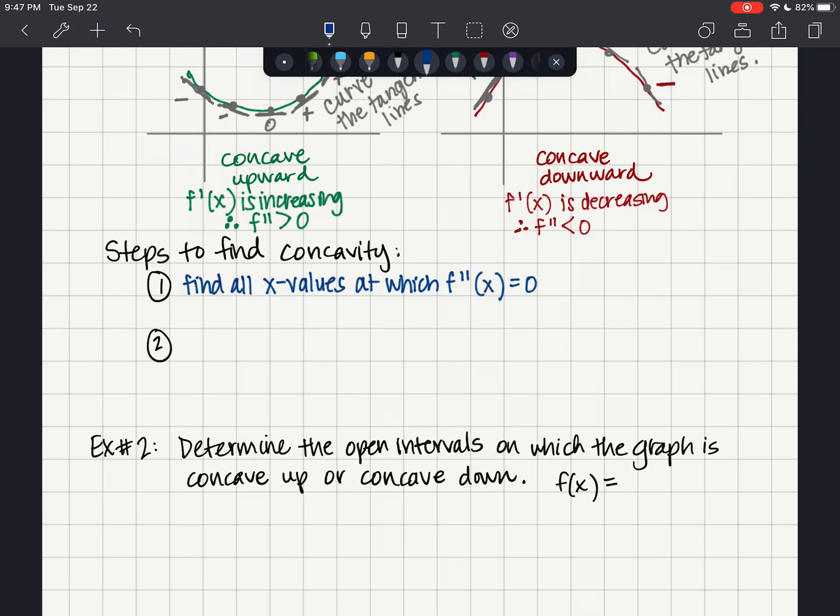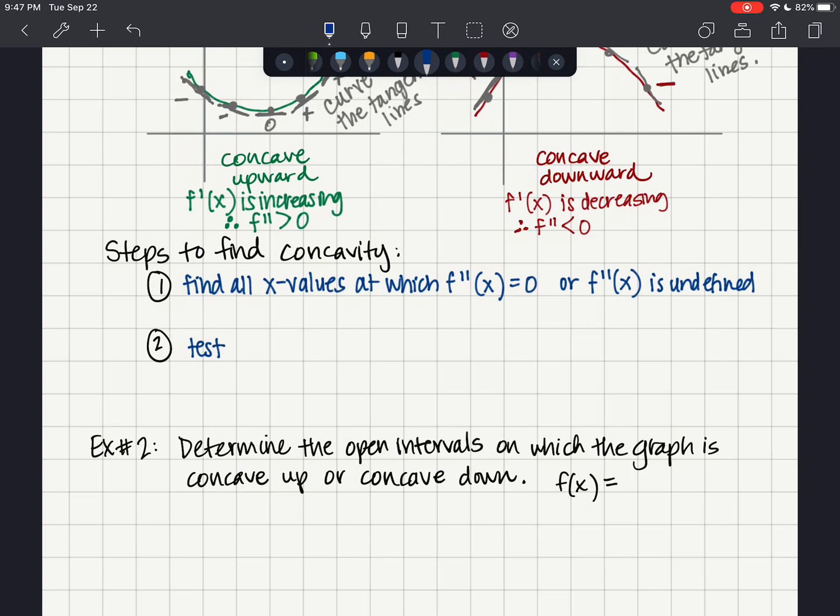Notice how I'm saying all the x values. I'm not talking about critical numbers because critical numbers come from the first derivative. We want to find all the x values at which the second derivative is equal to 0, or where the second derivative is undefined. All of those x values are going to be used to determine our intervals.